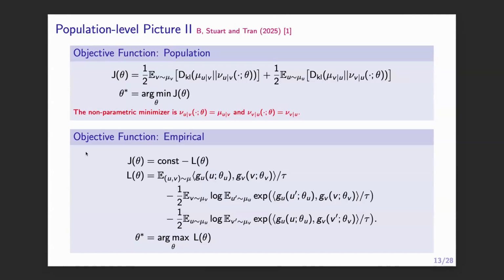An objective that would maximize the alignment between samples that are jointly drawn from mu and penalize the alignment between samples that are drawn independently from the tensor product distribution of images and text. So this can be seen as the population level objective underlying this model.